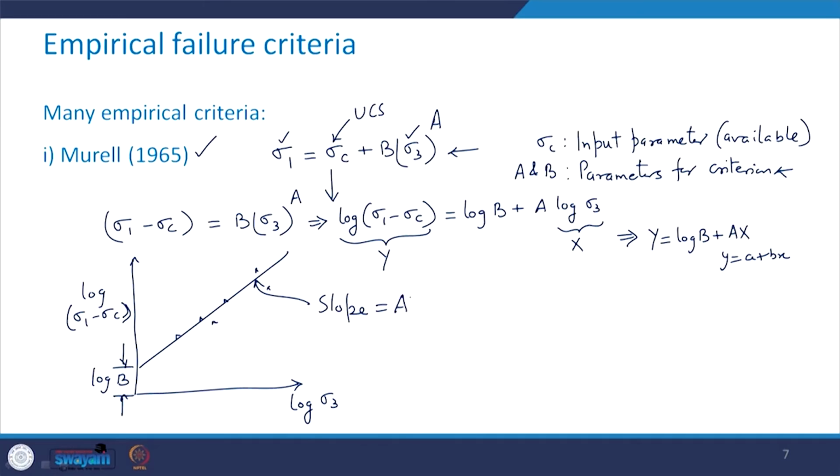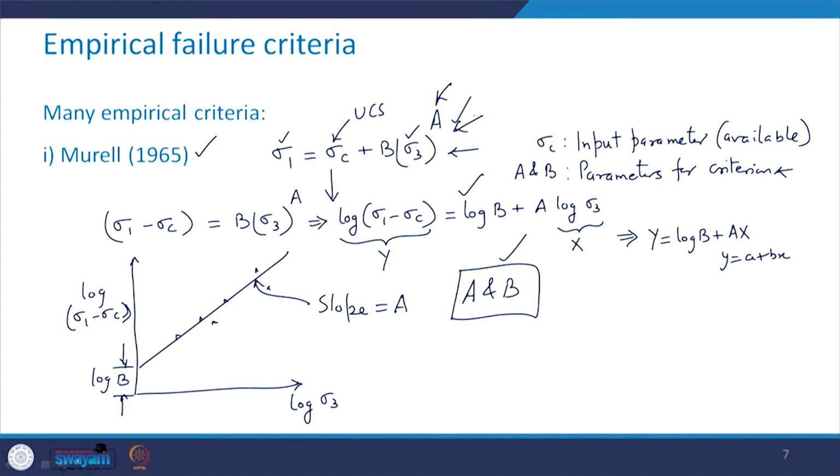So by converting this nonlinear equation into a straight line in this fashion, we could get the parameters a and b. Once I know these parameters, I can substitute them here and get the failure criterion for this data.